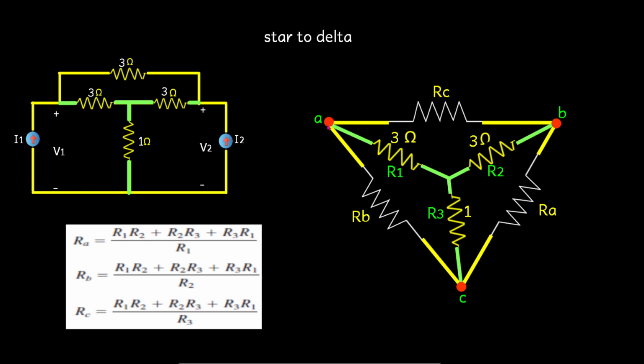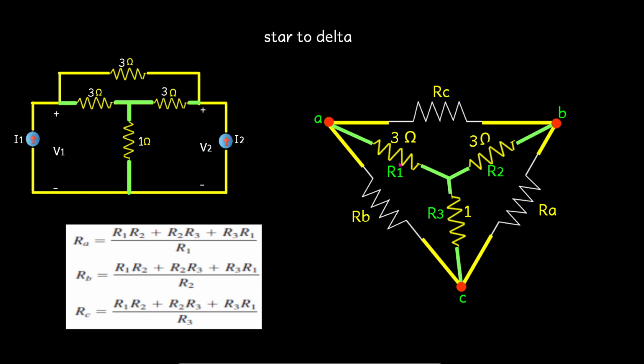The node which joins R1 can be taken here as A, this R2 can be taken as B, and this R3 can be taken as C. So in between A and B, we'll have this RC, which is opposite to this R3. Like that, we have to frame this structure, because we are not given any particular name for this.